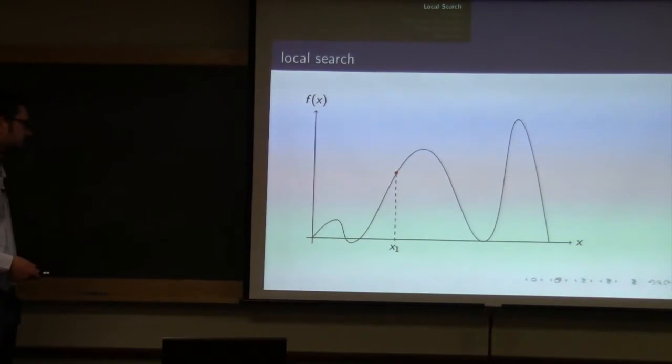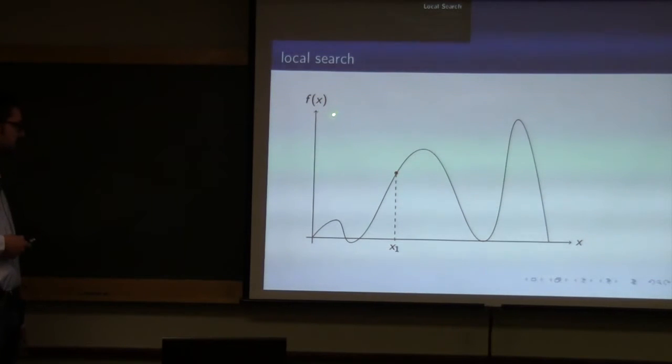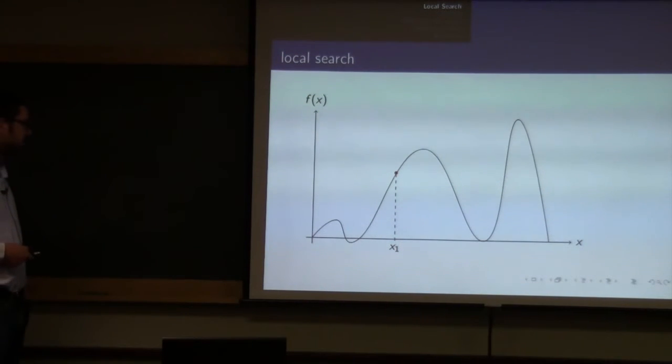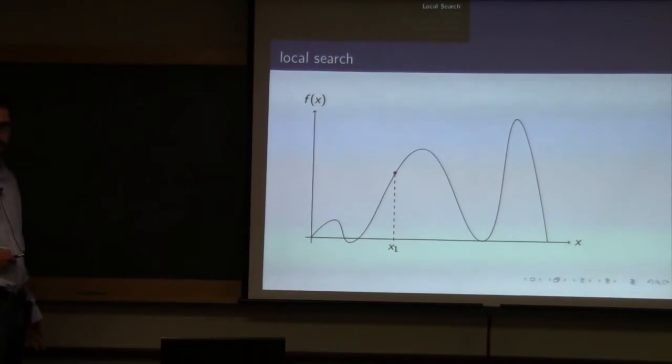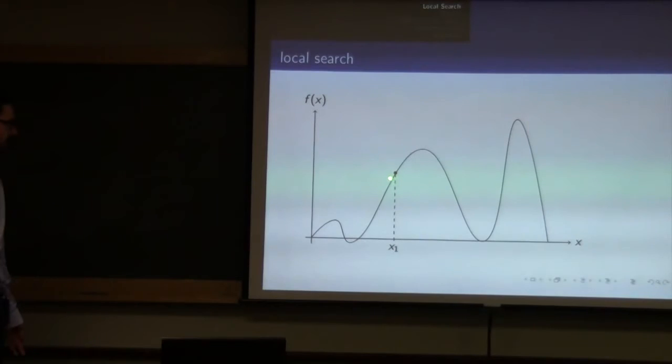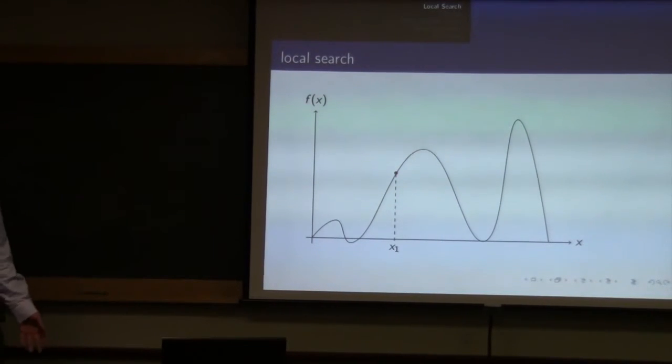So what is local search? We've got a function which is supposed to be maximized, and one specific point. Here we see that this is not the best point because, for example, this one is better, yes? And this one is even better. So what can we do to improve our solution?